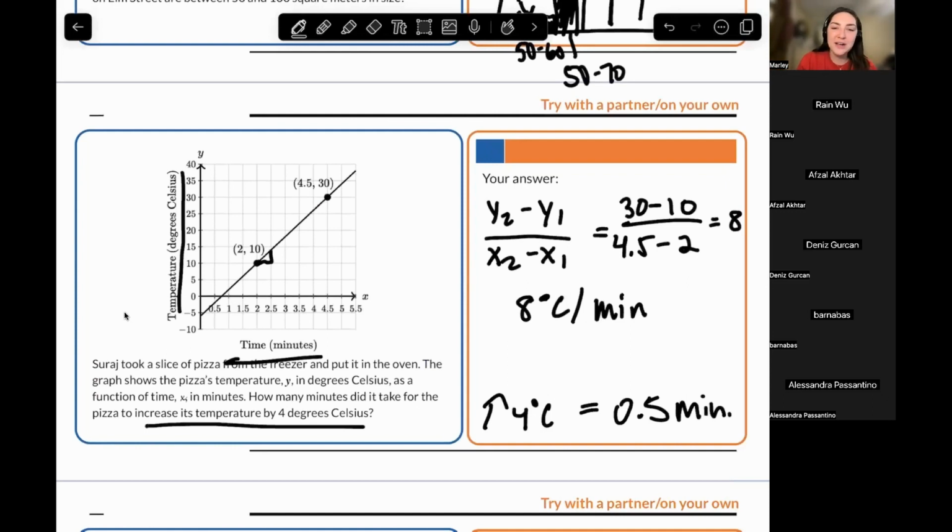Maybe. If there were answer choices, we probably could have gotten away with guessing 0.5. But to have a surefire way of getting our answer, we probably want to use a slope formula. So this is how to find slope: y2, or y final, minus y initial over x2 minus x1. Same thing, rise over run.